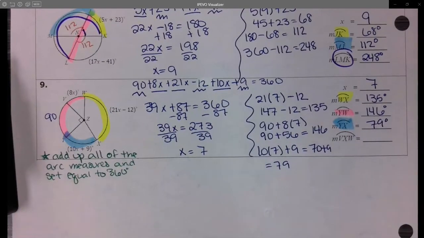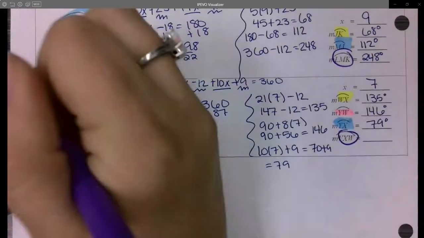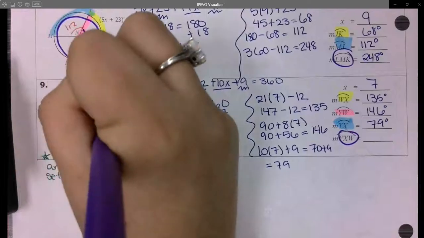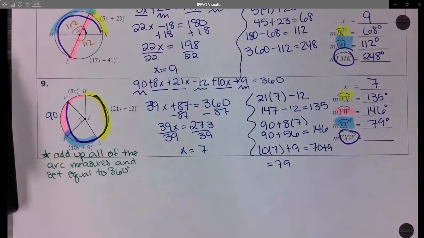My final angle I need to find is VXW, or arc VXW. So this is this one. Everything except for VW. So what do you guys want me to do here?